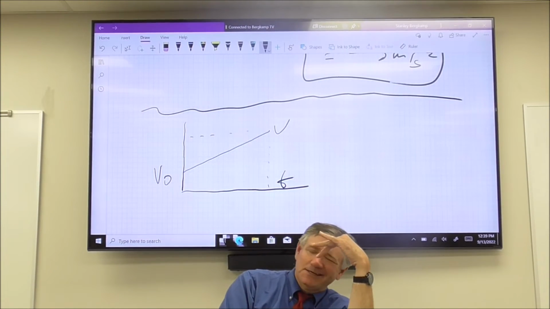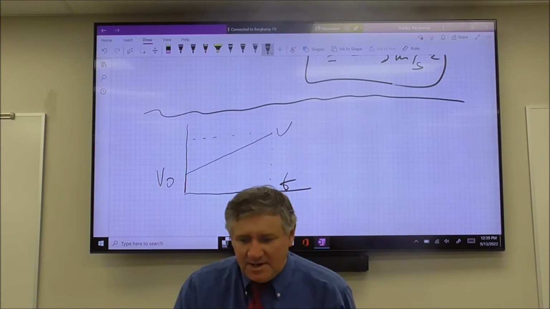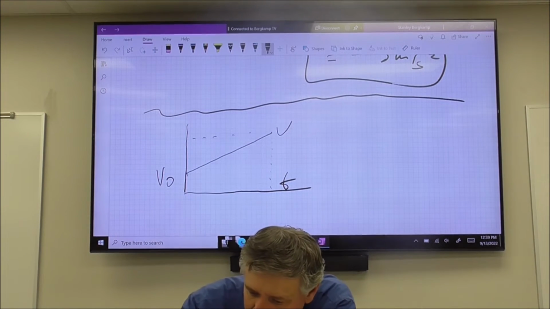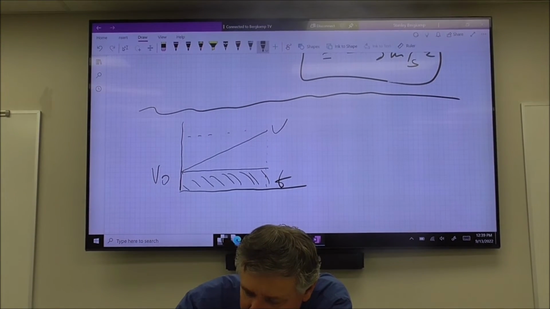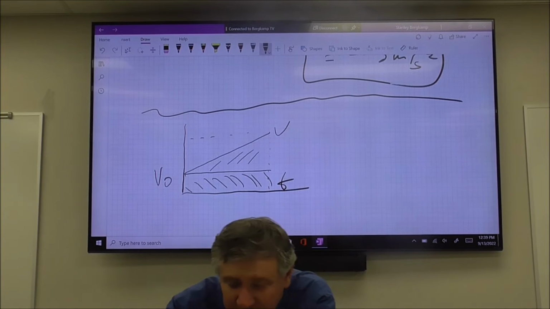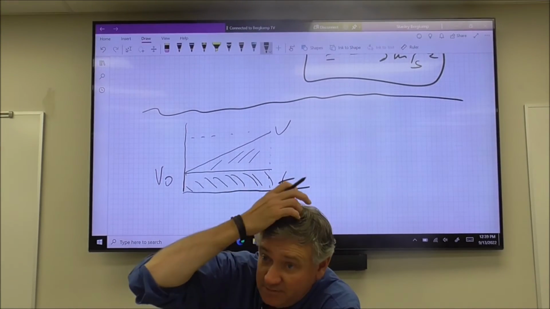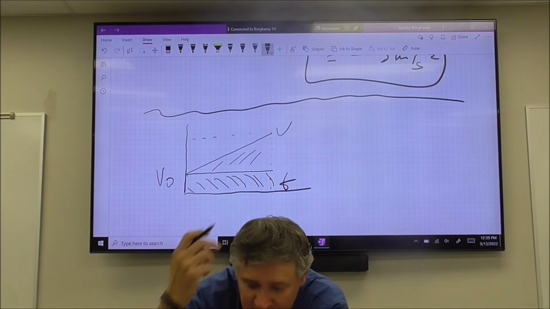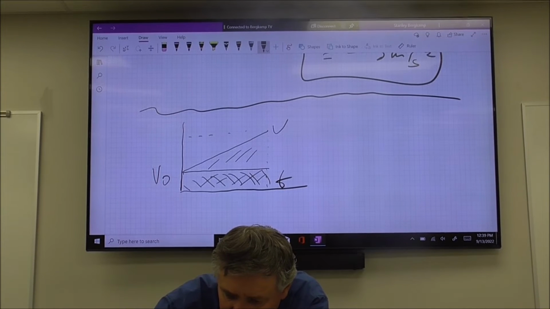Yeah, because this is awkward, right? So what we're going to do is break this up into two different areas. We're going to break it up into this lower area, and then we're going to break it up into this upper area. And then what are we going to do when we get the two areas? Add them together. Okay? So, how am I going to find that lower area?